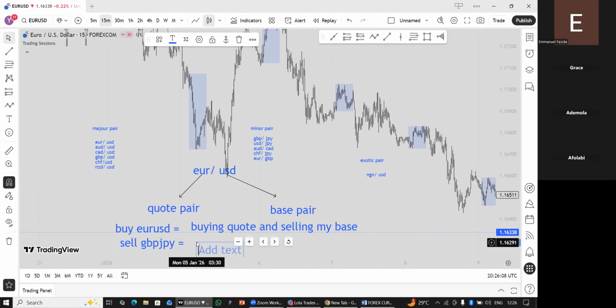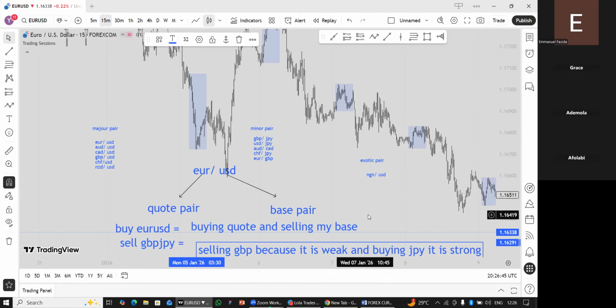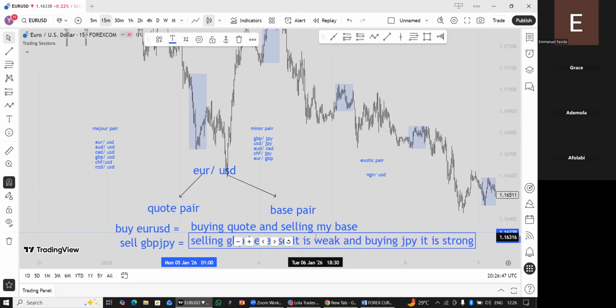I'm buying the base because the base is strong, and I'm selling the quote because the quote is weak. So I am selling GBP because it is weak, and buying JPY because it is strong, strong like Neil Armstrong. So this is just the basic.